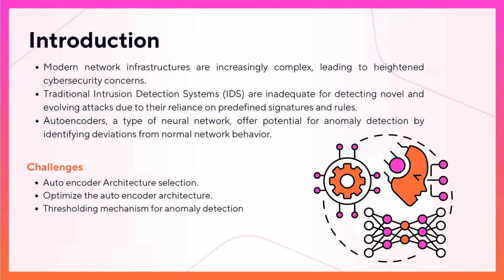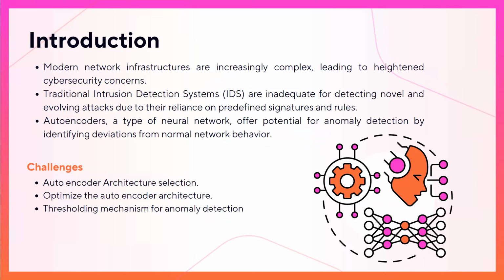So, as you know, modern network infrastructures have become increasingly complex, leading to significant cybersecurity challenges. Traditional intrusion detection systems primarily rely on predefined signatures and rules, making them not practical for detecting new attacks, what they call zero-day attacks.